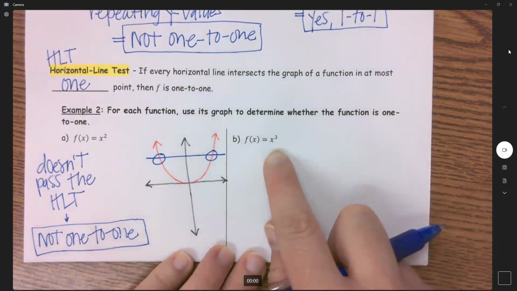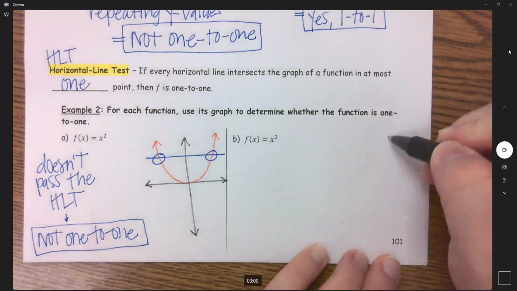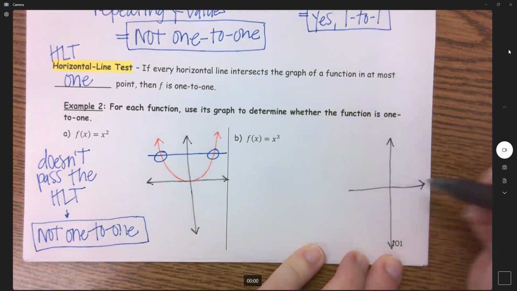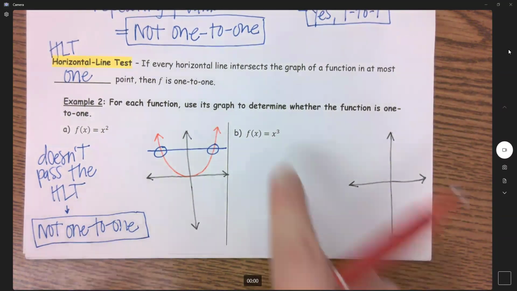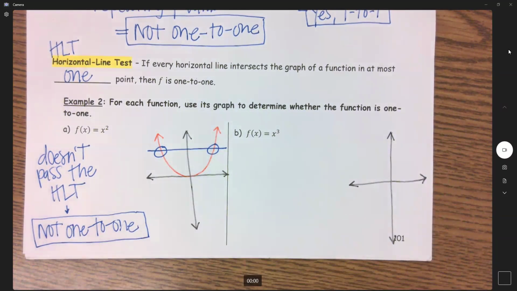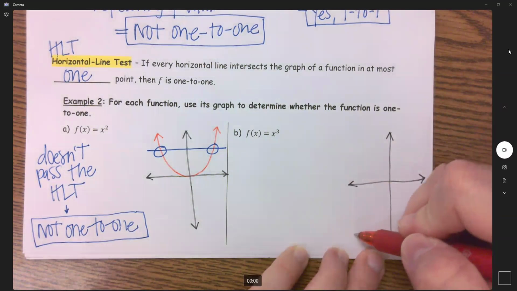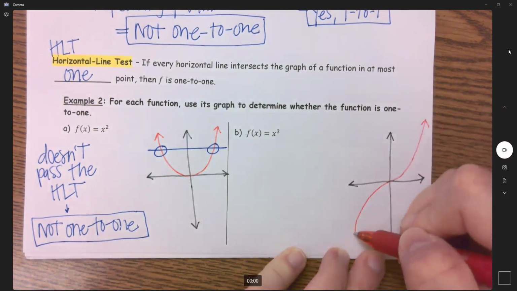Okay, now we have an x cubed. For x cubed, hopefully we remember that from our key graph, because we haven't dealt too much with them up until this point. We will deal with a lot more x cubes when we get to module 4. But this one is kind of our S curve right there.